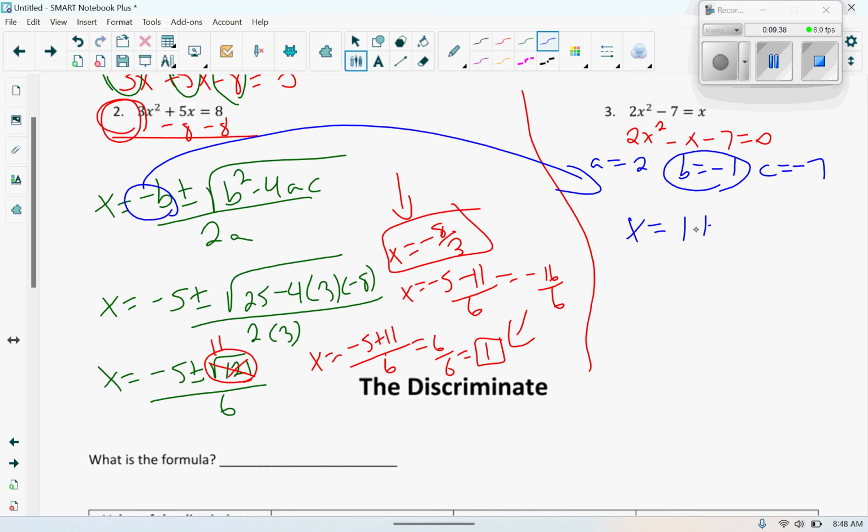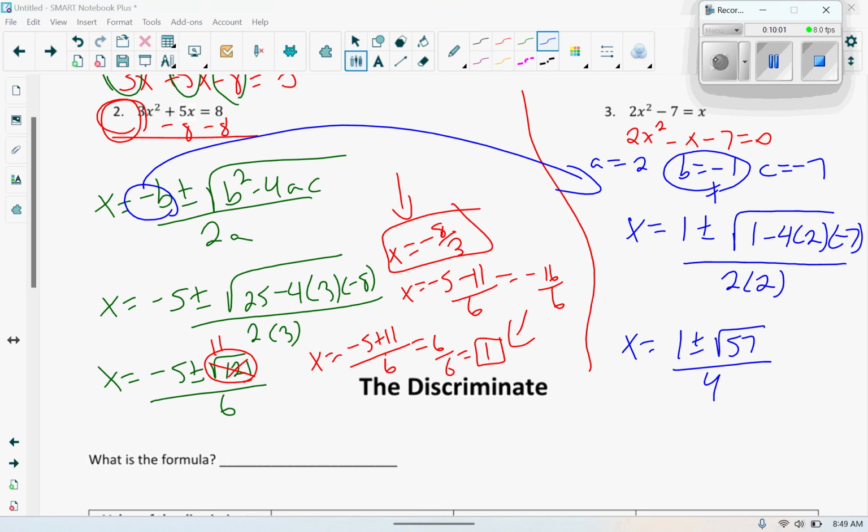That's going to be positive 1 plus or minus square root. B squared, remember, that's always positive, so 1 squared is 1, minus 4AC all over 2A. Okay, and just like I did last time, I'm going to simplify it in my calculator. What's under the square root, not including the square root.